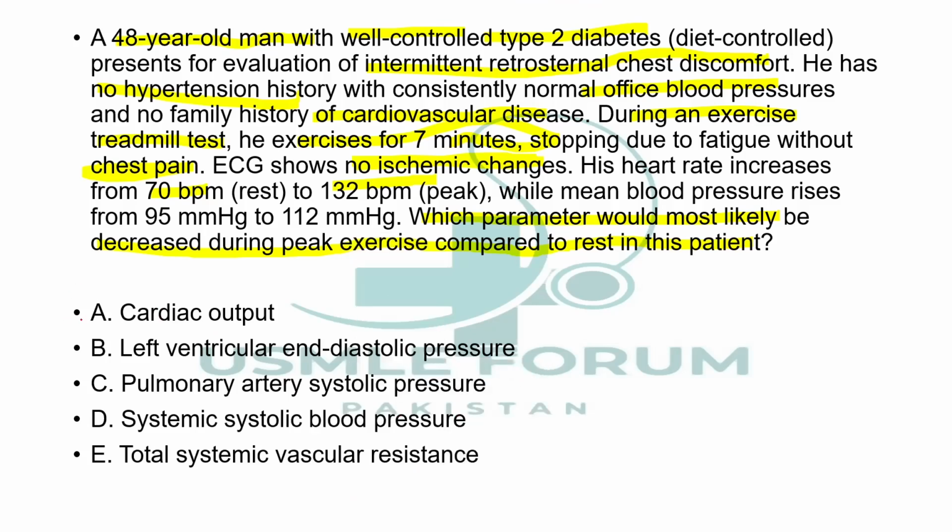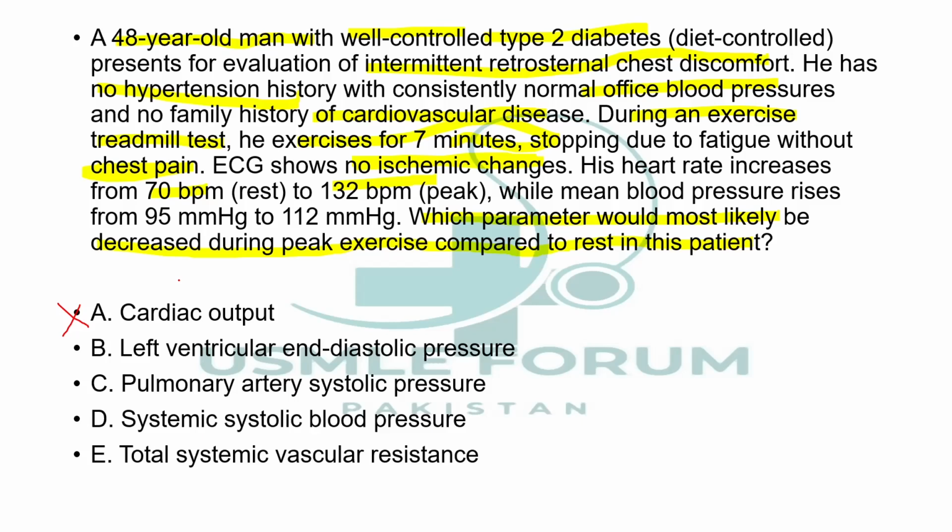So looking at the first option, the cardiac output. Now, cardiac output is going to increase, and that is logical because in exercise, when the sympathetic drive is increased, the body needs a lot of blood. The body needs high volume, and it would make no sense for the body to decrease the cardiac output.